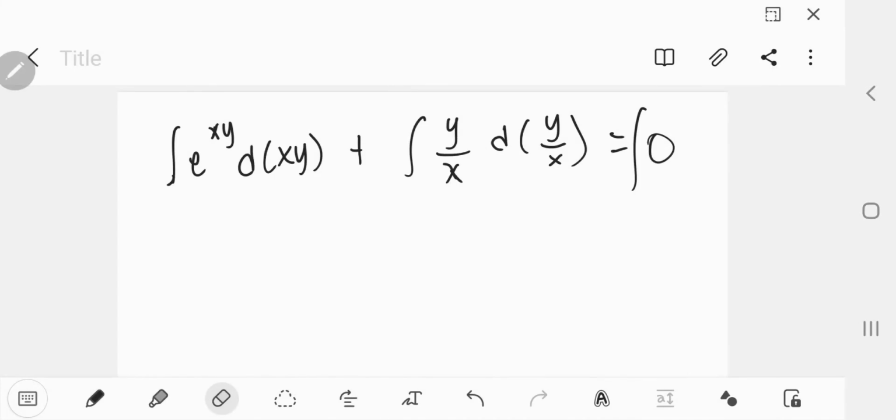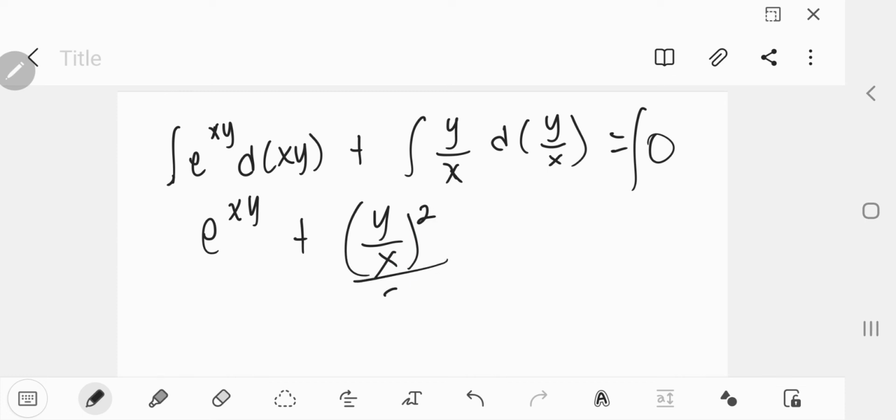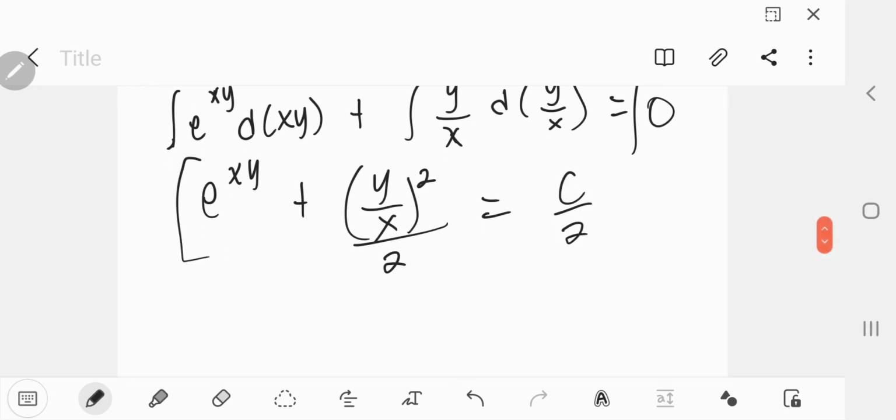The integral of e raised to the xy is simply e raised to the xy, plus the integral of y over x is (y over x) raised to 2 all over 2, is equal to the integral of 0, which is c over 2. And now let us multiply both sides by 2.